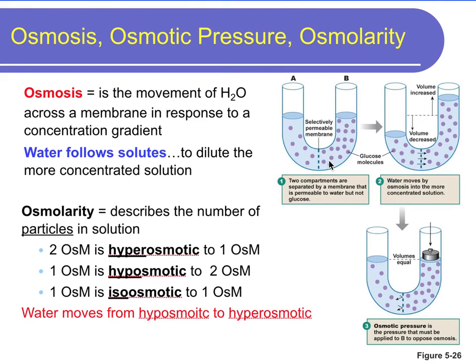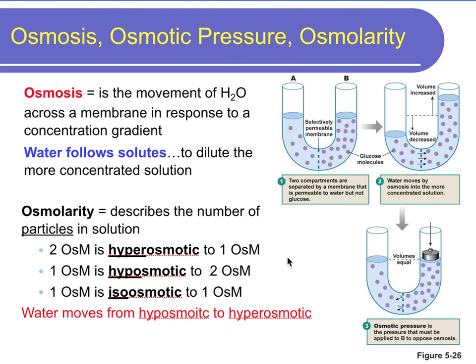So when solutes cannot diffuse and you do not have equilibrium, then water will move instead. In this case, water will move into B. Why into B? Because B had more solutes, and water follows solutes.